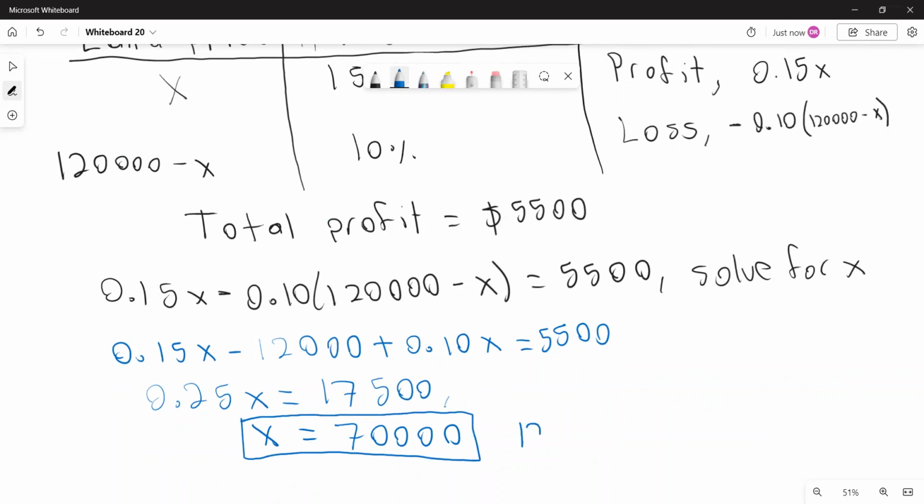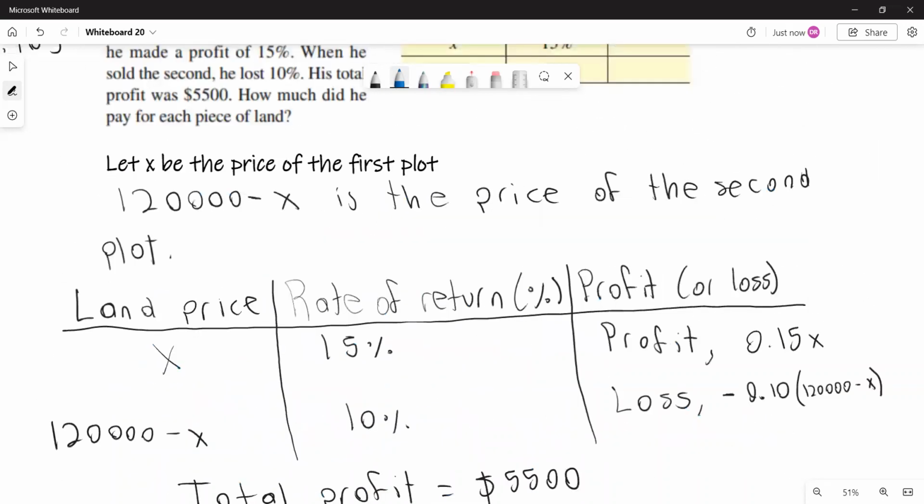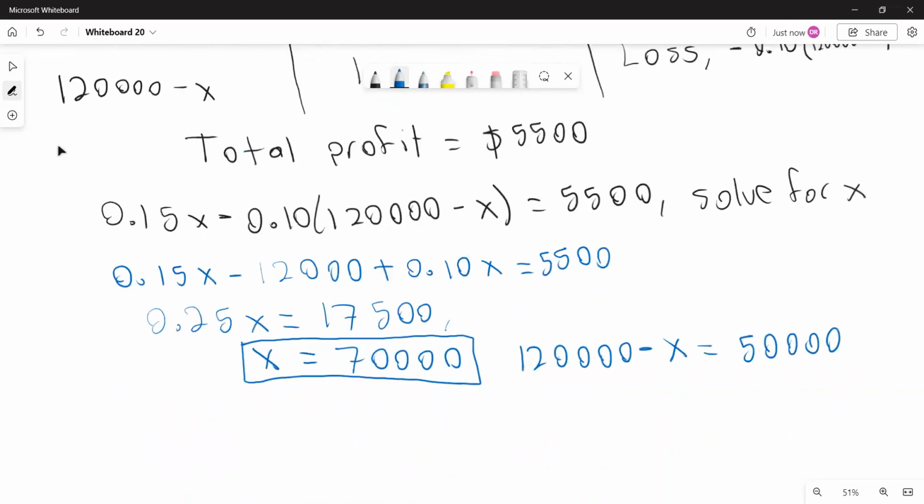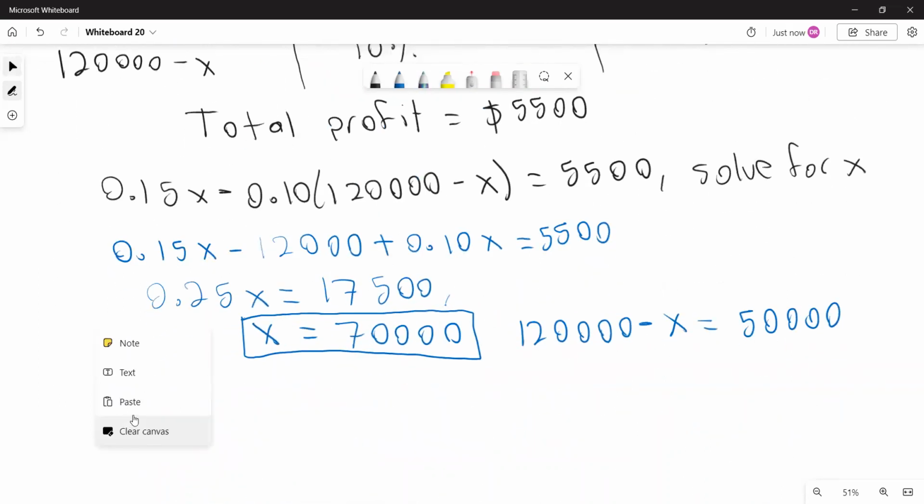And 120,000 minus X is 50,000. The question was how much did he pay for each piece of land. So he paid 70,000 for the first plot and 50,000 for the second plot.